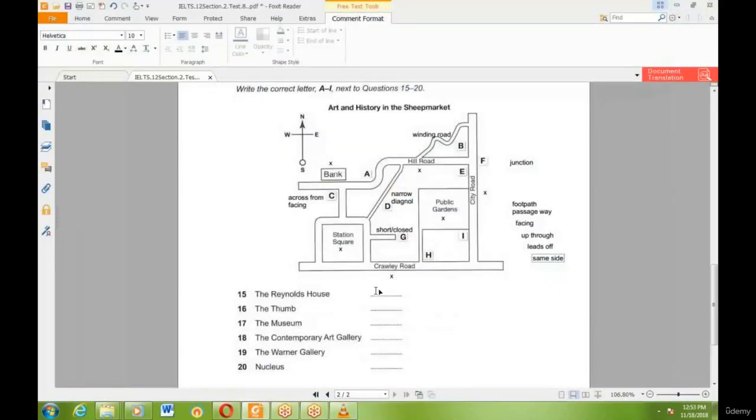All right. What is the answer for number 15? 15 is H, and what did they say? They said north side of Crawley, footpath.